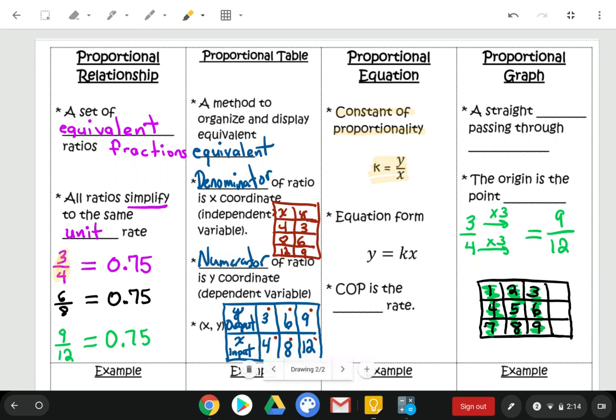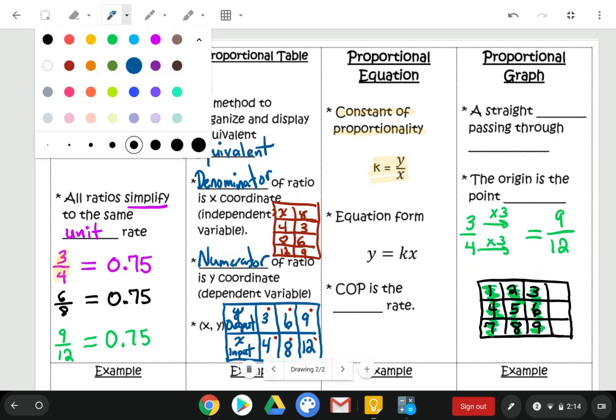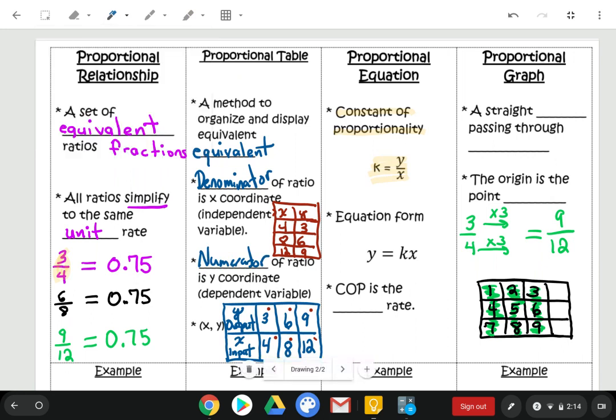Anyway, moving on. I need us to know that constant of proportionality is just the unit rate, guys. All it is is the unit rate. Also, we can think of the constant of proportionality as the multiplier.